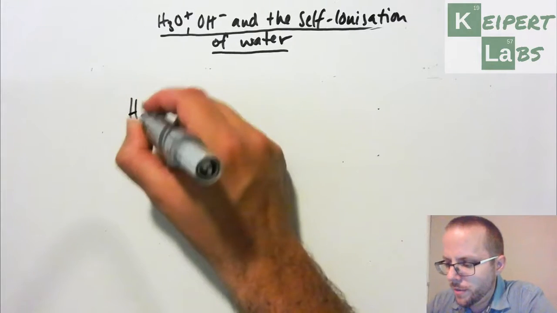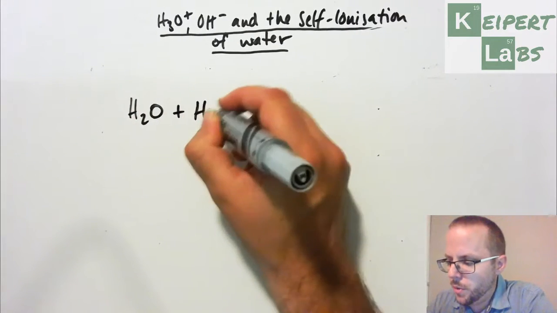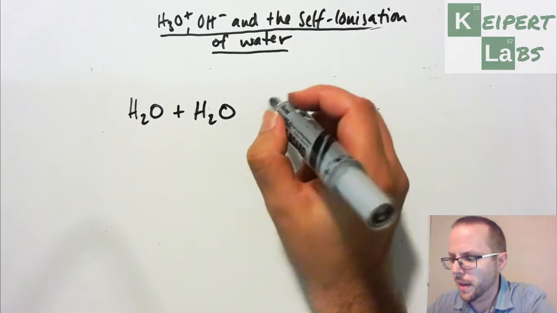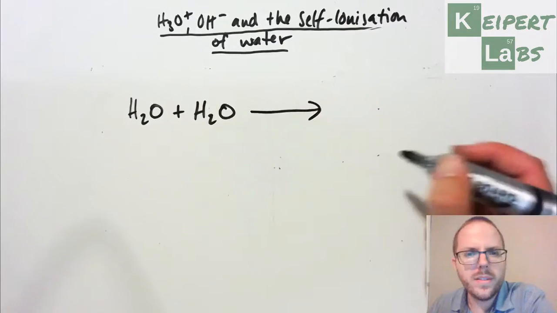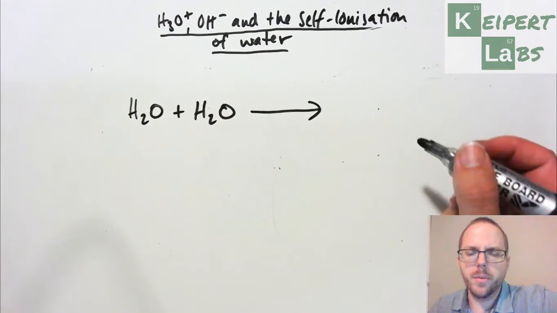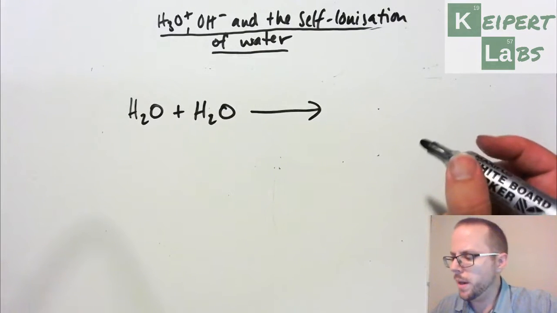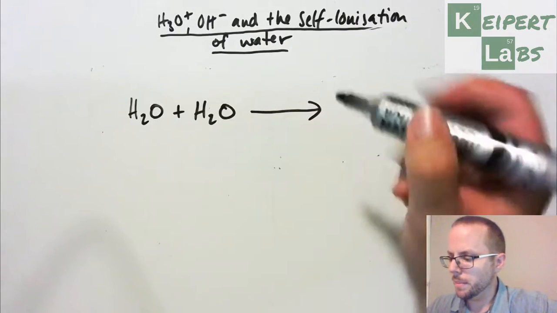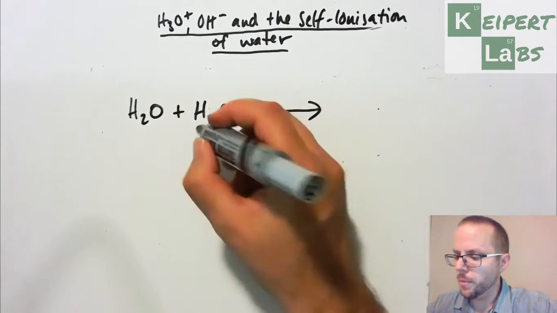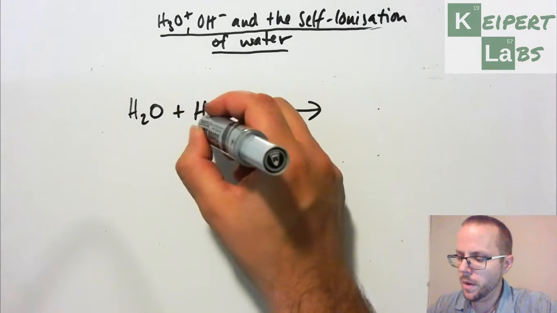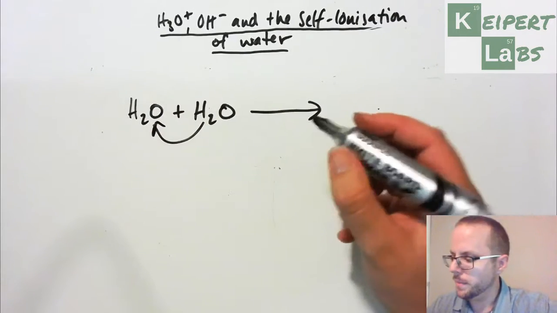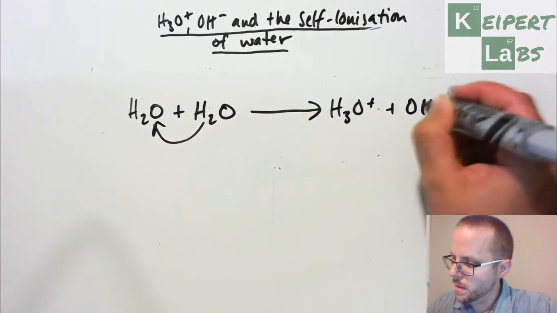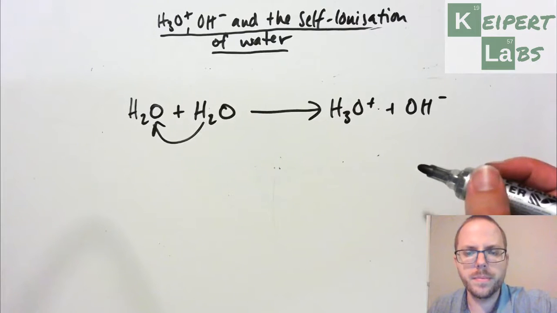Every now and again, when we get two water molecules near each other, and certainly in a container of water there are many of those, maybe once in every 10 million times that this happens, we get a transfer of a proton from one water molecule to the other to form a hydronium ion and a hydroxide ion.